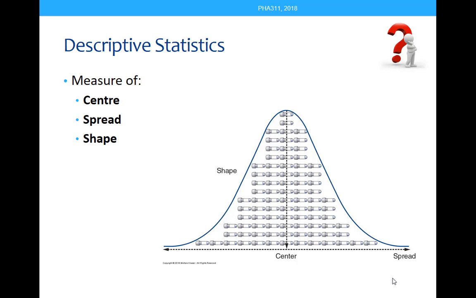Now, when you have this kind of distribution, you have to look at three aspects of such distribution: the center, the spread, and the shape. Can anyone tell me what are the measures of center?